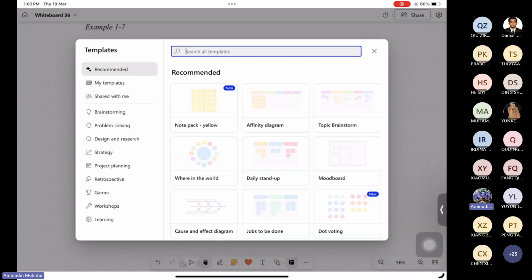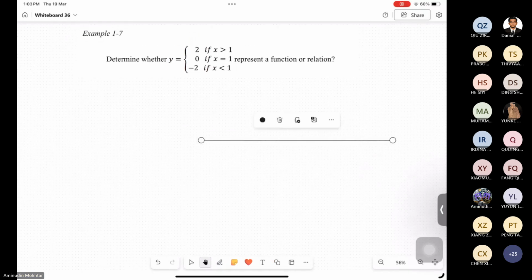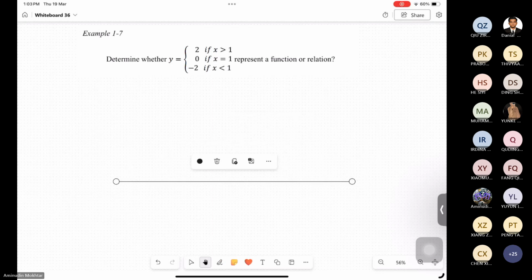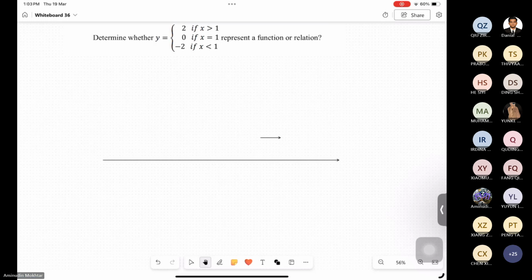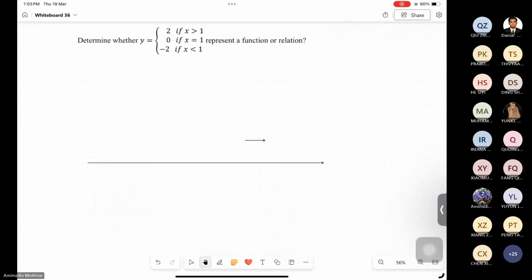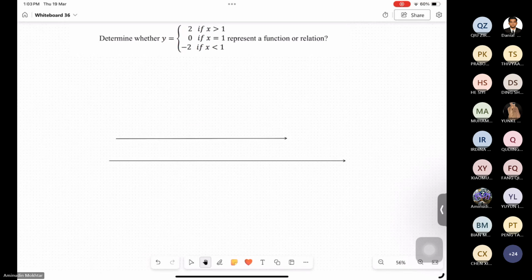The horizontal line, it is horizontal. Then the vertical line, we need to draw the vertical line.